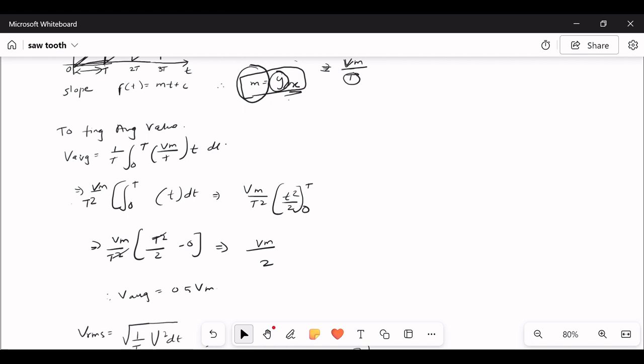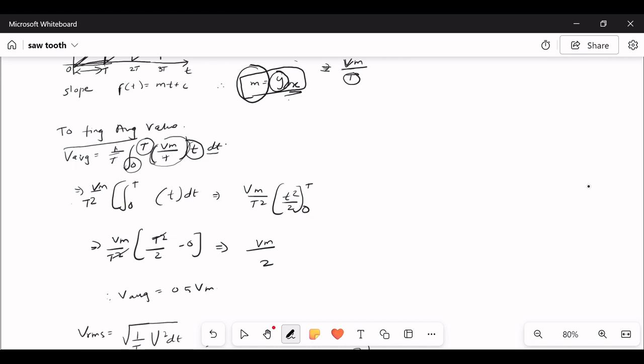To find the average value, we know the average value is given as 1 by total time period T. We integrate from the starting of the time period to the ending of the time period, f(t) dt. Here f(t) is equal to the slope of the triangle in time t, dt.